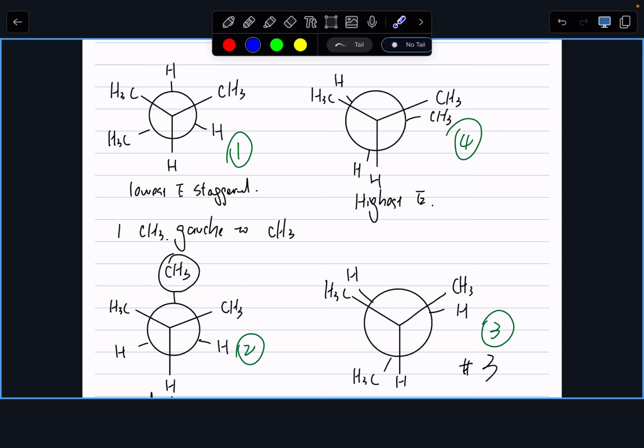Now we always will have extreme situations. For example, if I have a tert-butyl group that is staggered to two different tert-butyl groups, maybe it is even less stable compared to the eclipsed. But those are exceptions that I don't expect you to know, or to be able to predict.